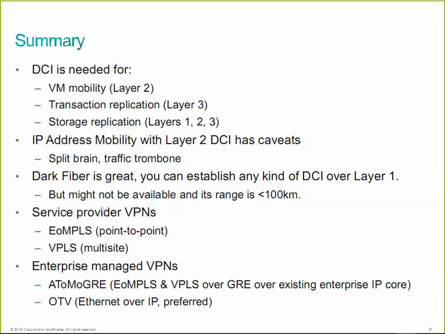And then finally, we talked about OTV, which is really the preferred DCI function. And I would say 99% of the time, that's what's going to happen. That's what we're going to be using for our data center interconnects, the OTV function. Okay? So that is the end of that lesson.